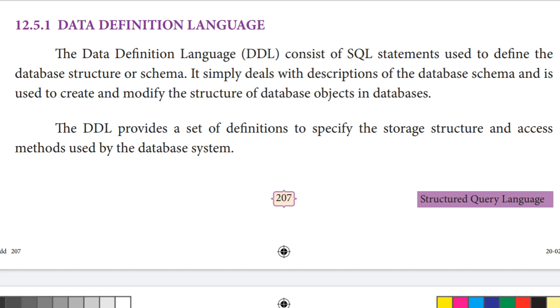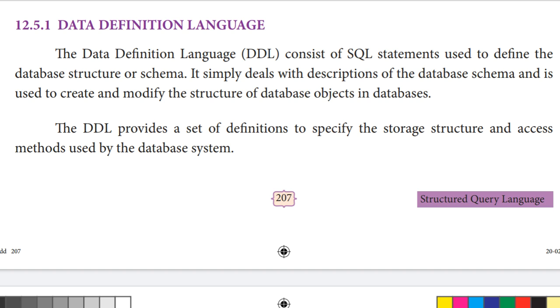It simply deals with descriptions of the database schema and is used to create and modify the structure of database objects in databases. Whenever we want to create a table, we have to decide how many columns we need and how many rows we need. For each column, what entities and fields we need, we have to know everything.